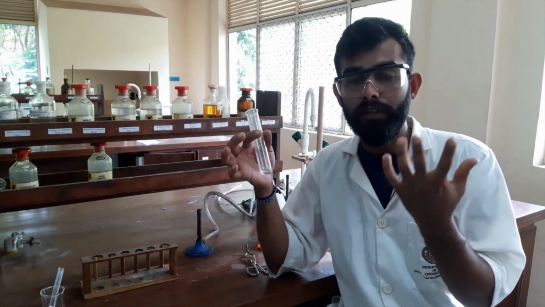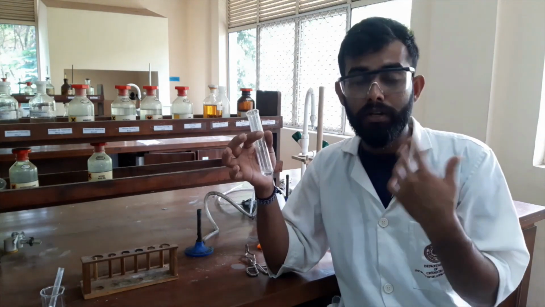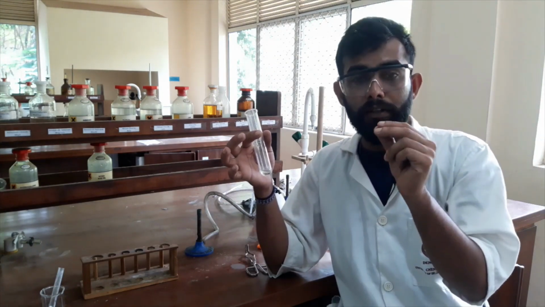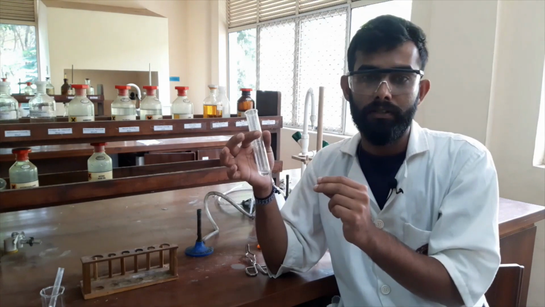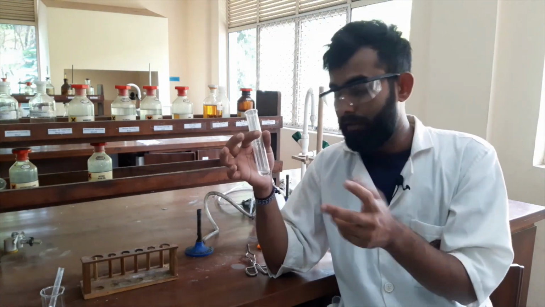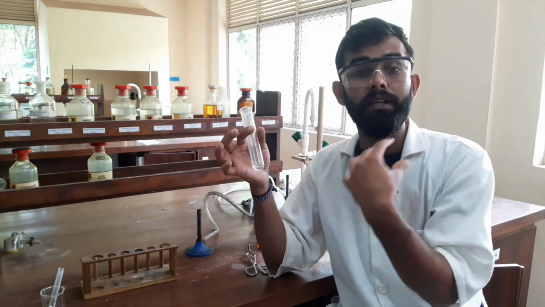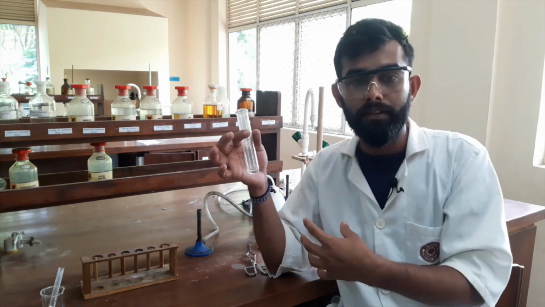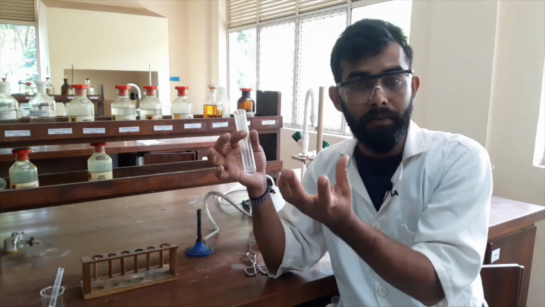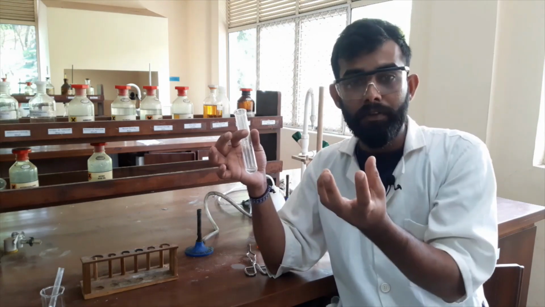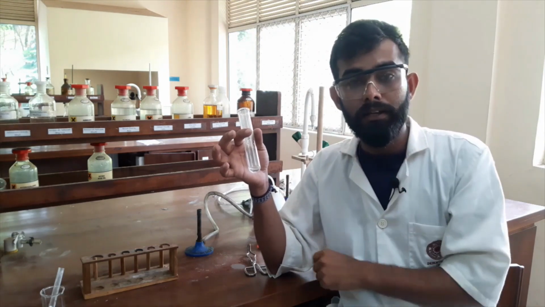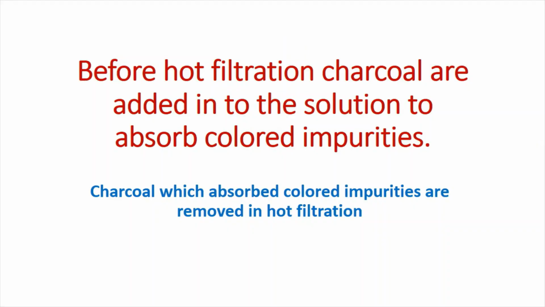So I will use the hot filtration method to remove impurities which are insoluble in the solvent. While the solution is very hot, we have to filter. The impurities will remain in the filter paper, and our chemical with the solvent will go to the filtrate.